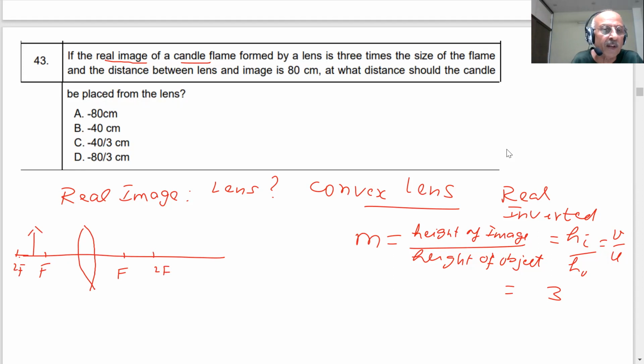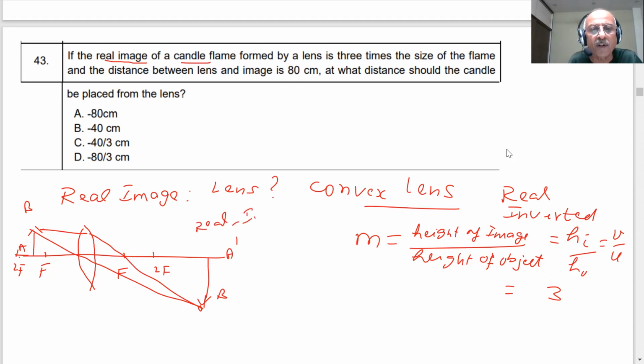A ray of light parallel to the principal axis passes through the focus, and another ray passes through this. You will see this is a magnified image. This is AB, student, and you are getting A dash B dash. This is a real, inverted and enlarged image. So the magnification here is enlarged.